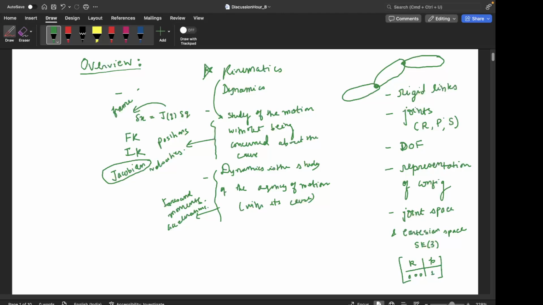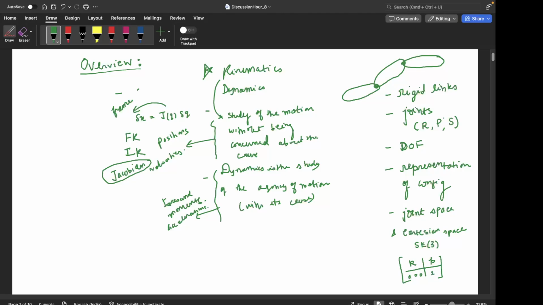By the end of the discussion on kinematics, we were able to describe the relation between joint velocities and the end effector velocities, and we were able to do inverse kinematics and forward kinematics. We also discussed the concepts of reachability, manipulability, the workspace, and singular configurations, which are all related concepts that give us a more practical picture of the key things we should know when we work with manipulators.